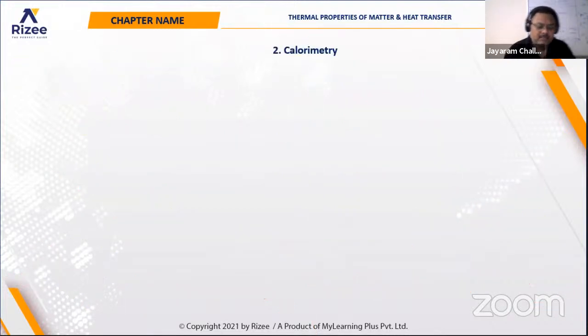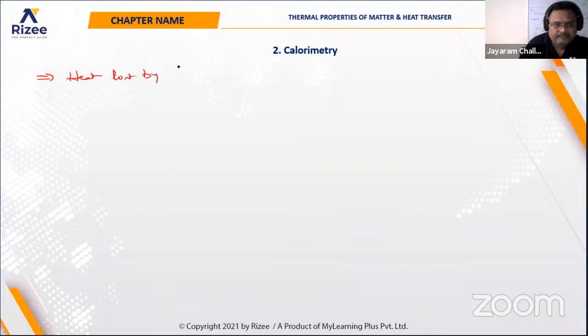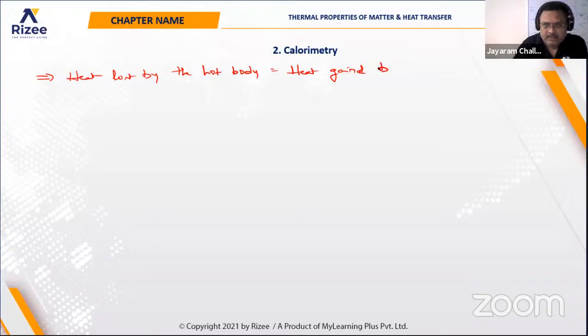Next, coming to the calorimetry case. Calorimetry works on only one principle, that is, heat lost by the hot body is equal to heat gained by the cold body.